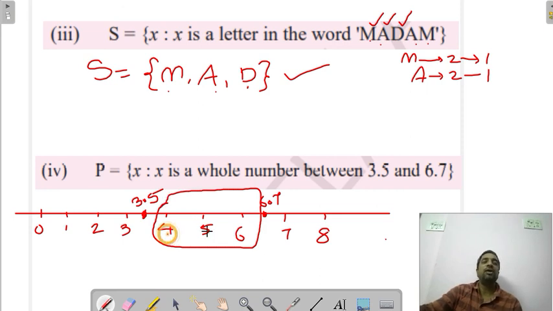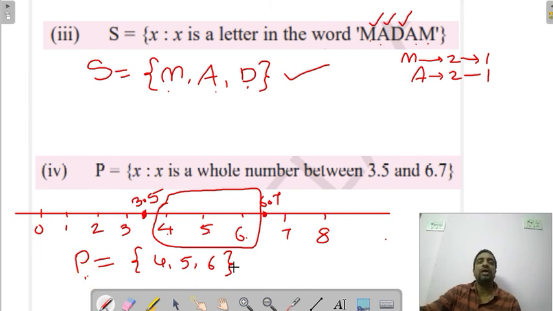They are 4, 5, 6. Exactly, whatever you are saying is correct. So 4, 5, 6 are the whole numbers. And write it as a set. So that will be P. P is equal to 4, 5, 6, which are between 3.5 and 6.7.